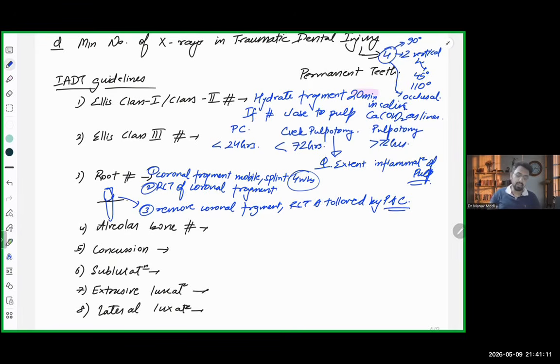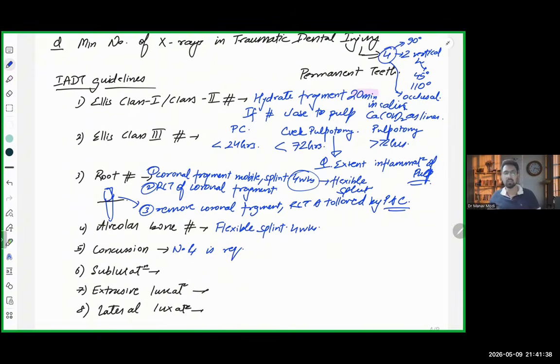Then when there is an alveolar bone fracture, what will we give? We give a flexible splint. Guys, note this. Whenever we are splinting, we are doing it flexibly. In root fracture also, we give a flexible splint. In alveolar bone fracture, we give a flexible splint for 4 weeks. Then in concussion, no treatment is required.